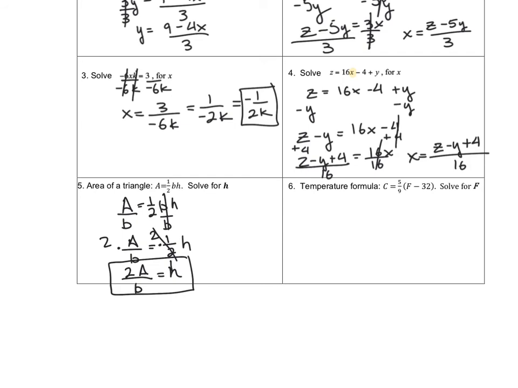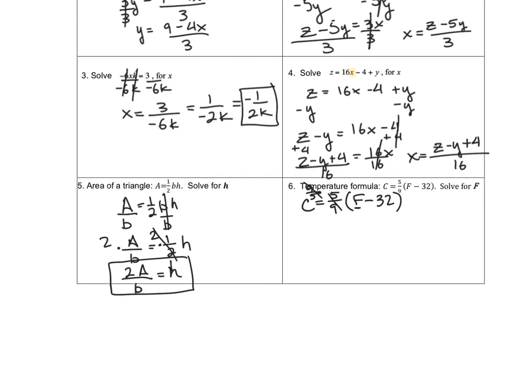All right, number 6, the temperature formula. C is equal to, this is the conversion from Fahrenheit to Celsius, 5 over 9 times F minus 32. So we need to solve for F. So we have to do a couple things first. Because this 5 over 9 is in front of the parentheses, you have to multiply by the reciprocal to get rid of any fraction.